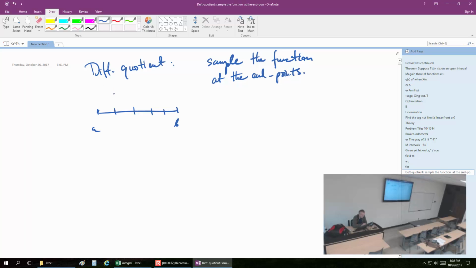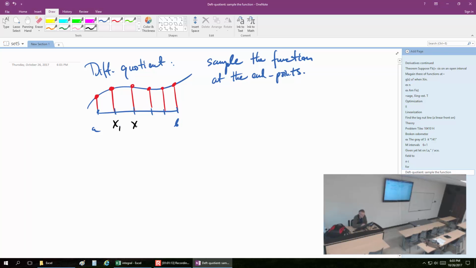So these are the endpoints, and if I have my function, I look only at these values, and then I subtract. So once again, I'm doing the difference quotient, something that we started with early on, and then used to build derivatives.